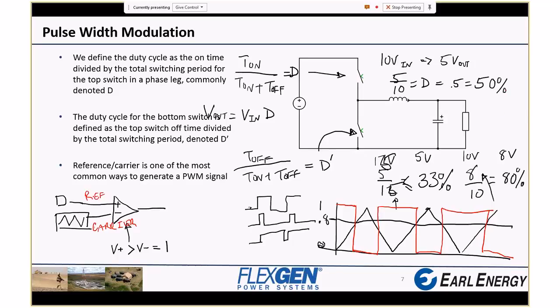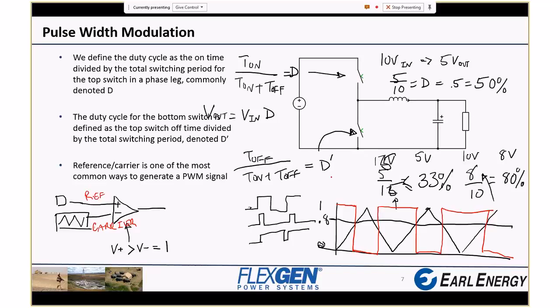Or, if for some reason you had a reason to do so, you could raise the voltage on this resistor. Maybe it's a voltage-controlled motor, and you want to speed it up. So you can raise or lower the reference in order to raise or lower the duty cycle, which would then raise or lower all of that, respectively, the output voltage.